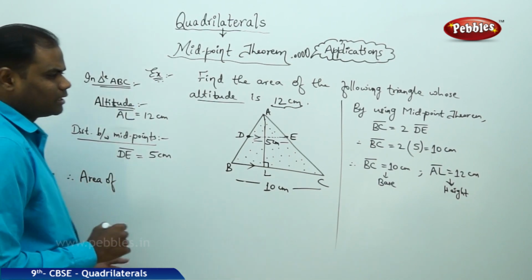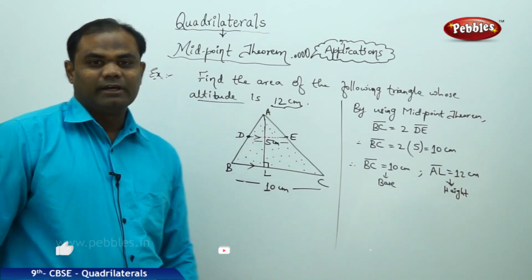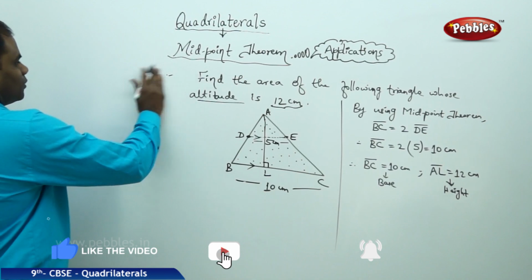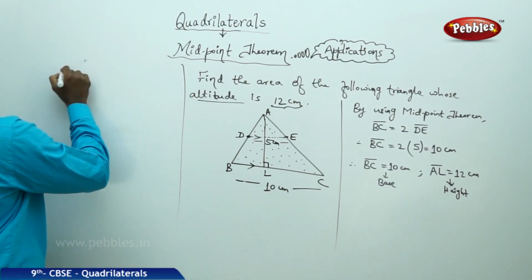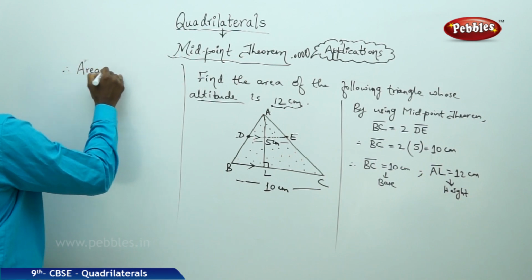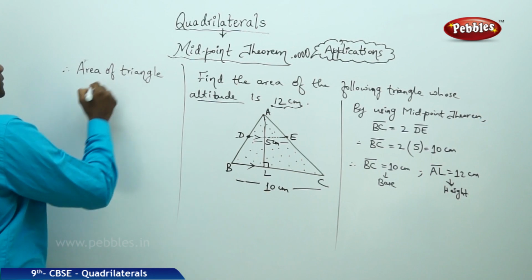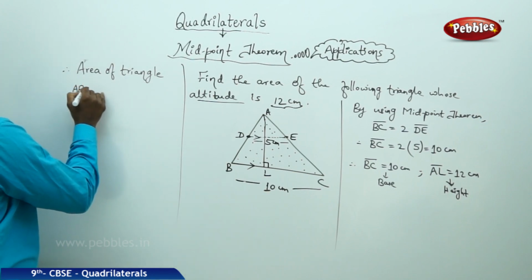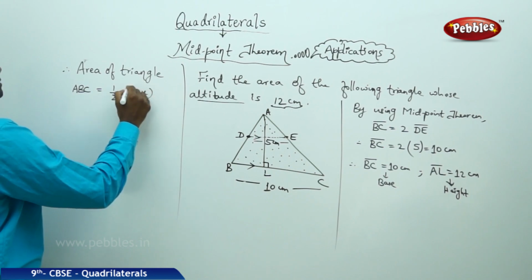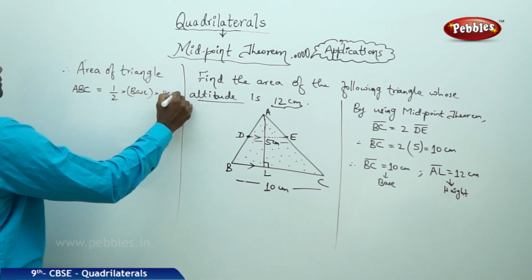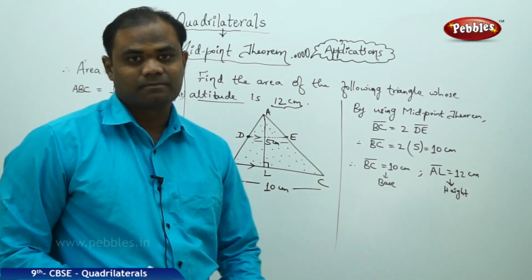Therefore, using the formula, the area of triangle ABC is half times base times height.